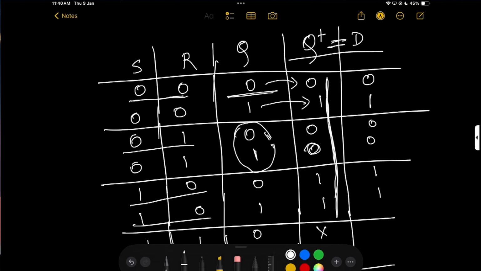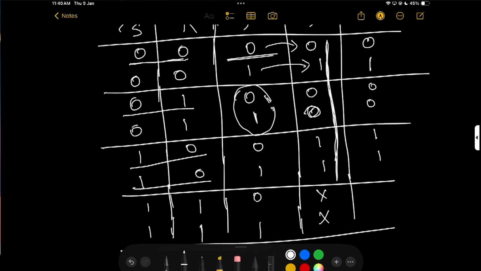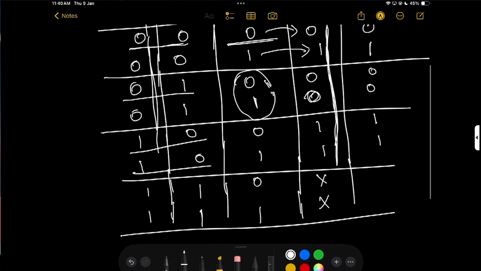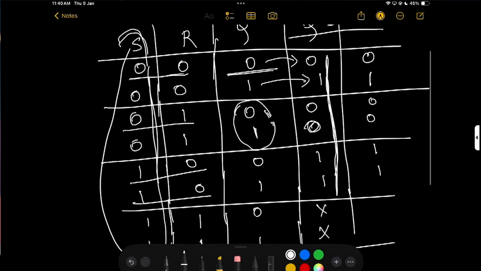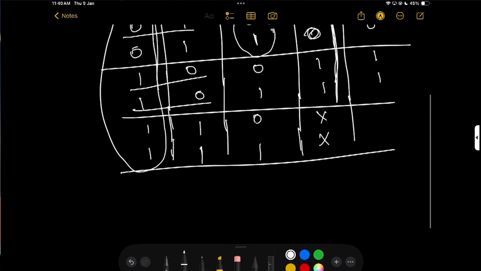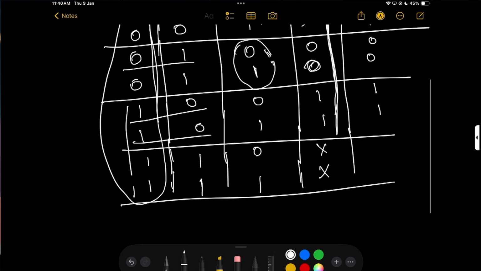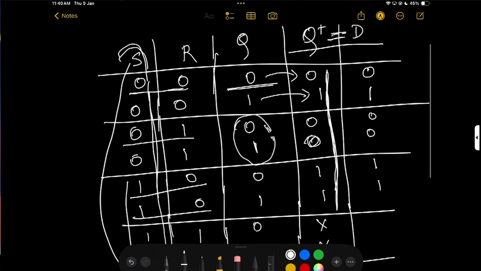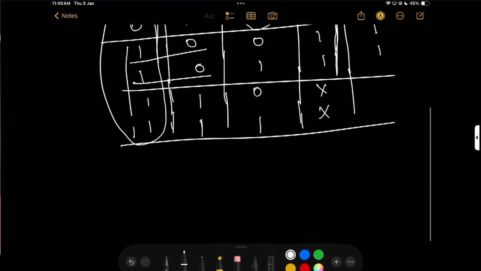I want to make a D flip flop by using an SR latch. So here is my 1. Where are the 1s? The last 4 bits are 1, so I need Q plus, meaning D.